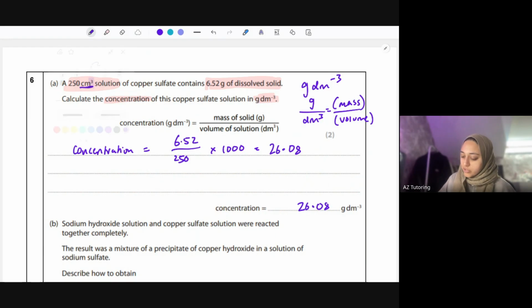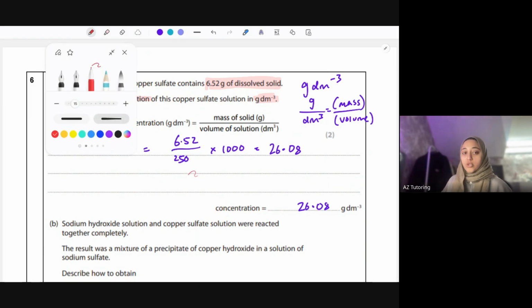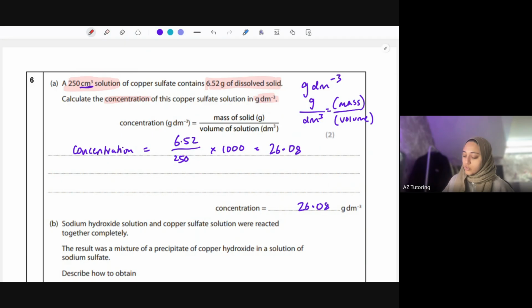Just to show you another way to do it, because some people prefer changing the units beforehand as well. So 250 centimeters cubed, to change that to decimeters cubed, just divide by 1,000. So if I do 250 centimeters cubed divided by 1,000, I get 0.25.